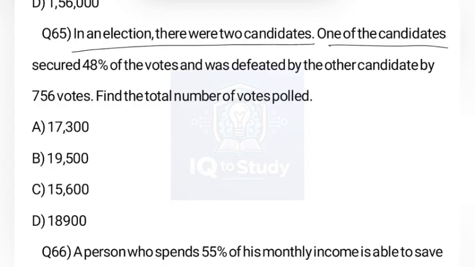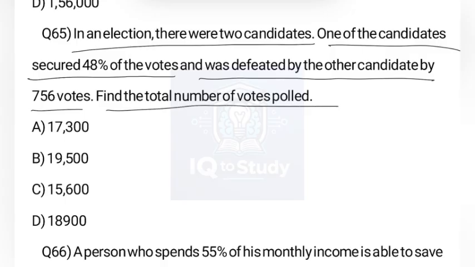In an election, there were two candidates. One of the candidates secured 48% of the votes and was defeated by the other candidate by 756 votes. Find the total number of votes polled.